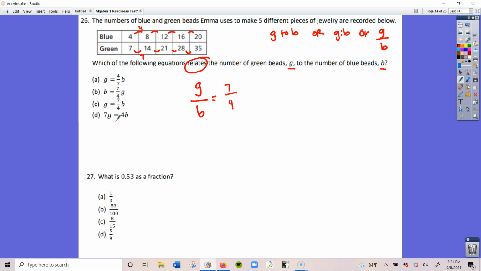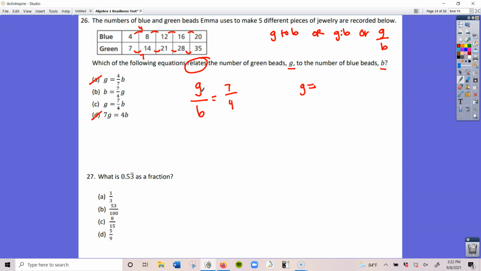Now if I look at my options, first of all, we have 7 over 4 here. So I can eliminate A and D because that's the ratio that we're looking for. Now it says relates G to B. So we want the equation to read G equals, because that's the relationship they're looking for.